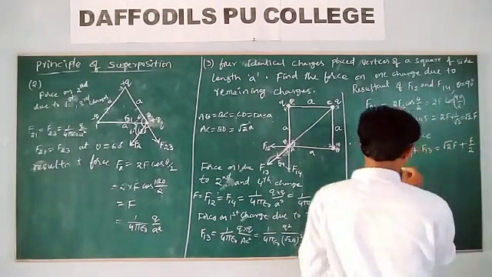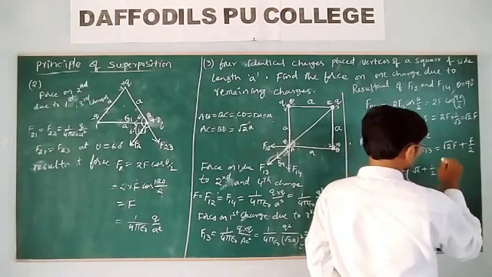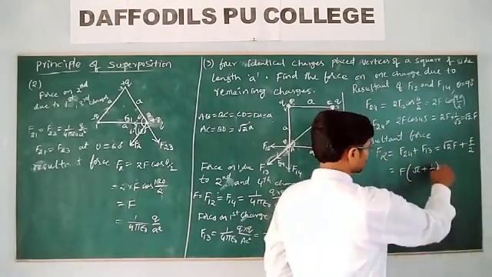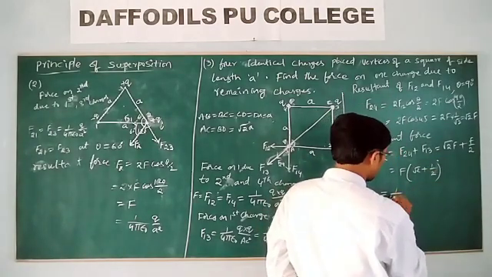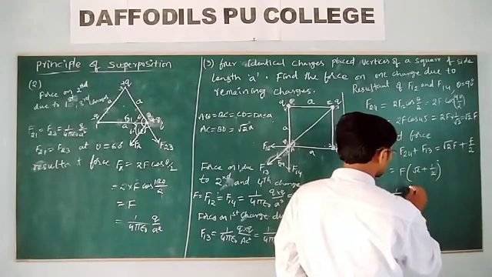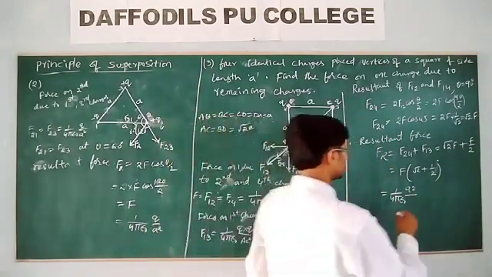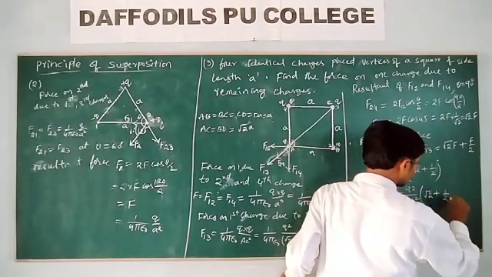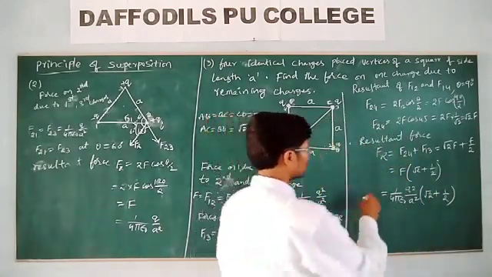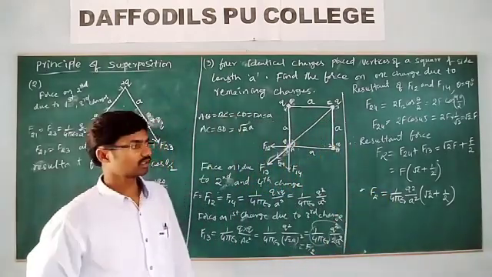So F you can take common, what you get? F into root 2 plus 1 by 2. Therefore, F value is 1 by 4 pi epsilon naught Q square by A square into root 2 plus 1 by 2. So this is the resultant force due to all the charges.